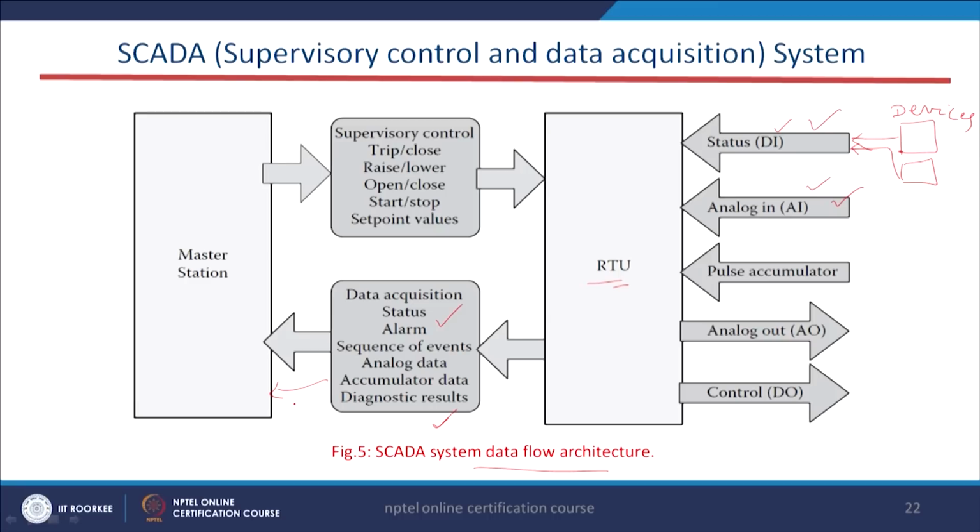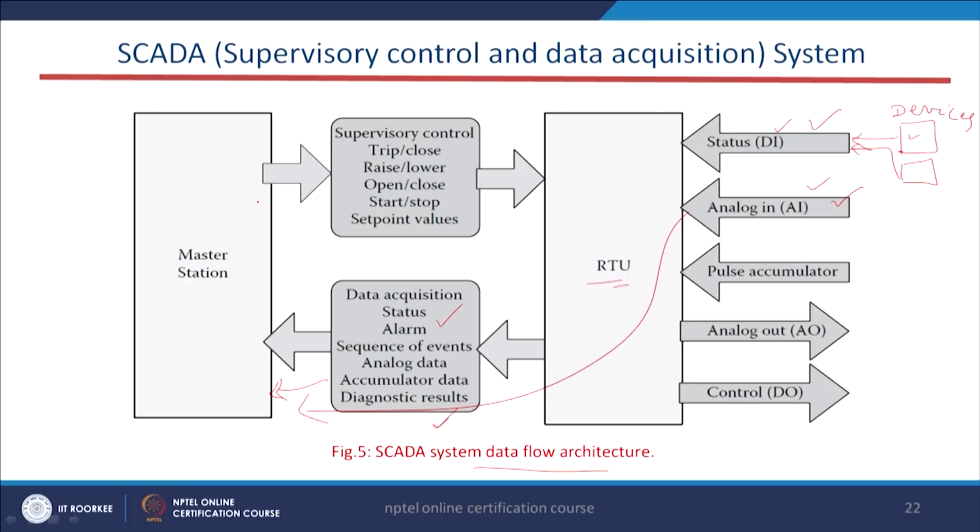So, this is the first round of flow of data from the remote devices through the RTU to the master station. The second one is basically a bidirectional flow. It is not a power flow, it is basically a data flow. The data flow is bidirectional here.